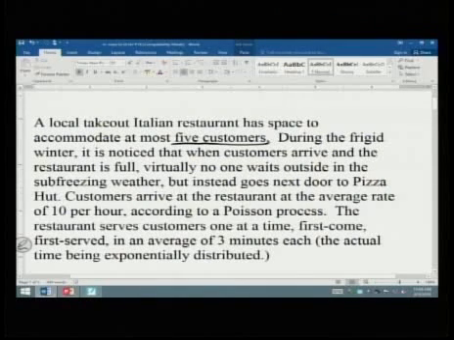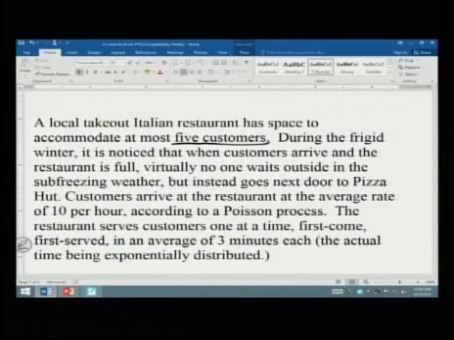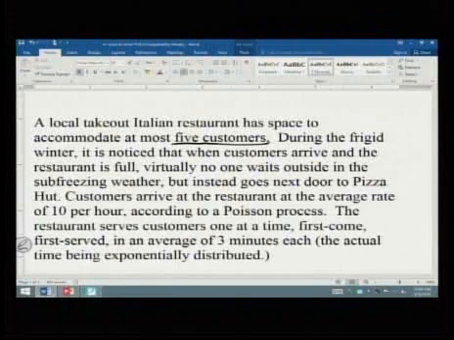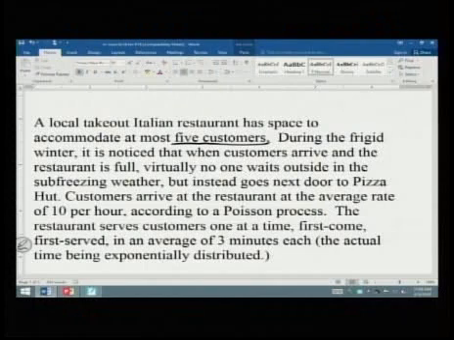During the frigid winter, it is noticed that when customers arrive and the restaurant is full, virtually no one waits outside in the sub-freezing weather. Looks like they don't have any waiting room. Okay?